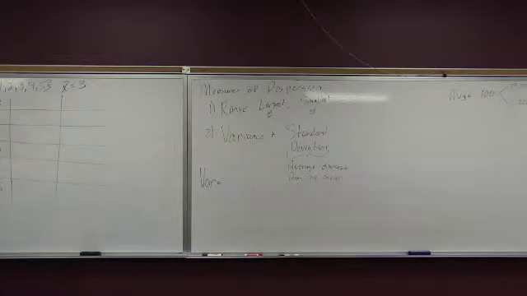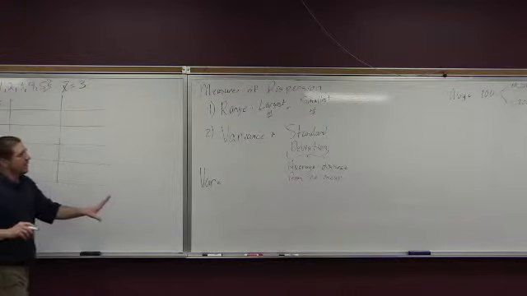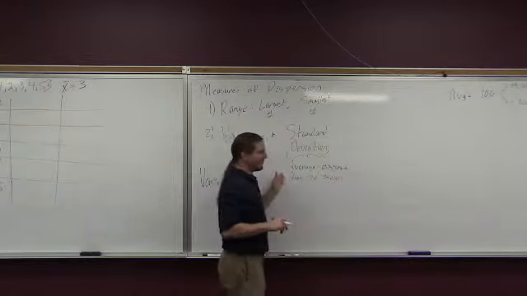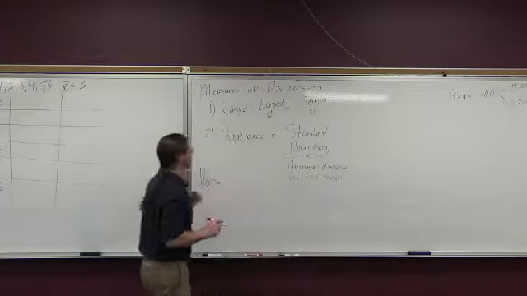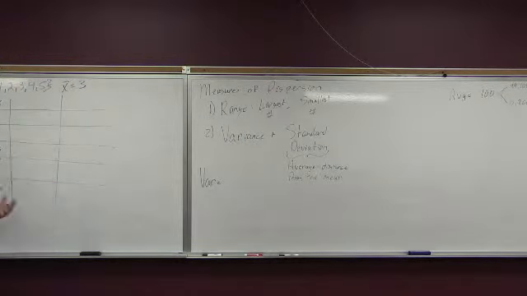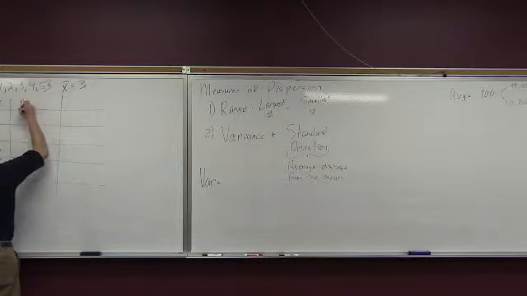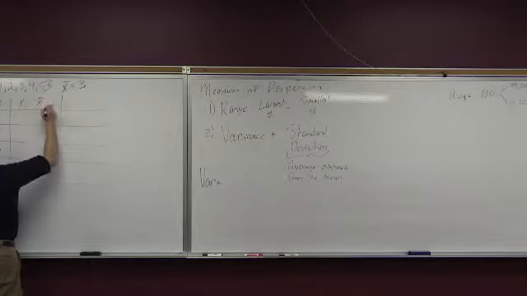All right, so here are my 5 numbers, 1, 2, 3, 4, 5. And remember that standard deviation is kind of like the average distance from the mean, right? So how do we calculate distance normally? You subtract, right? So let's take each one of our numbers and subtract the mean.